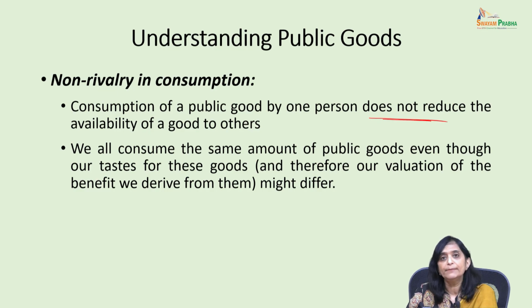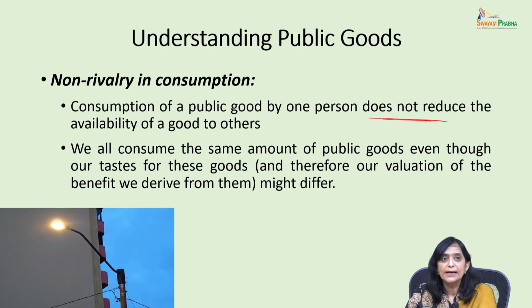Maybe I value clean water, clean air, and natural resources more than you. But even though our tastes are different, we still consume the same amount of that public good. And this is a very important distinguishing characteristic on which we are going to derive the demand of a public good. As I have just said, the example of a street light is a case of non-rival consumption of a public good.